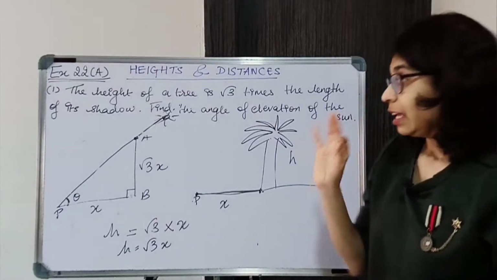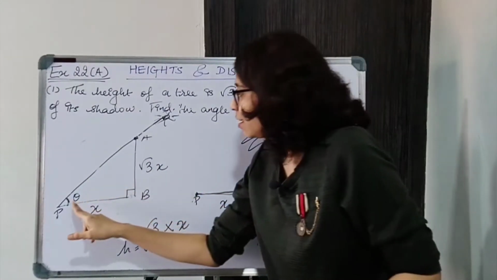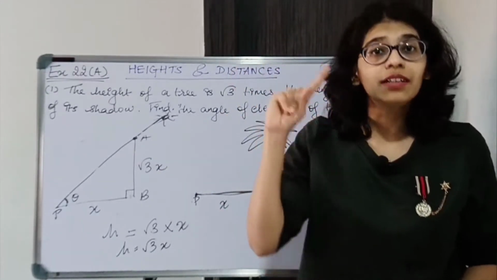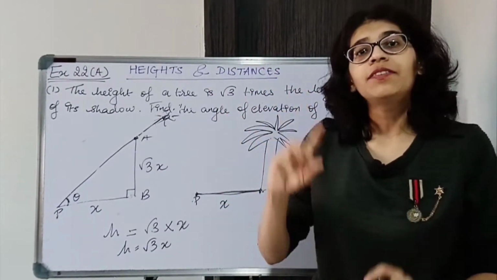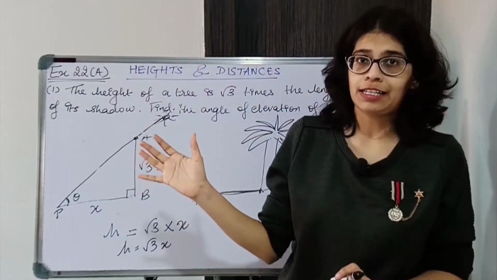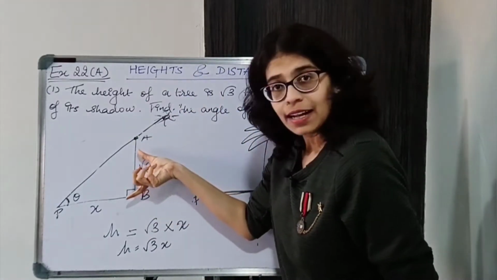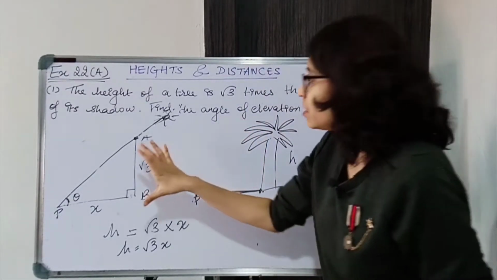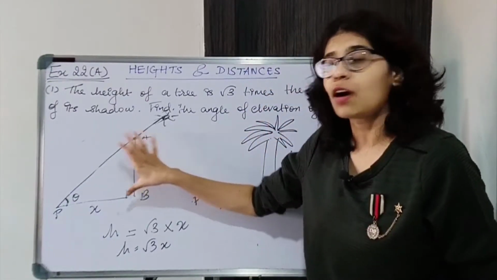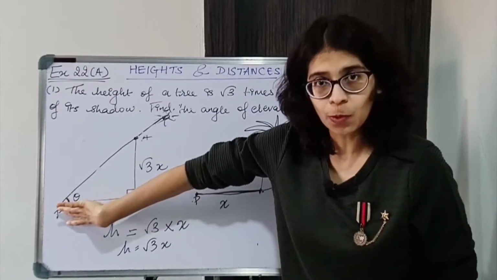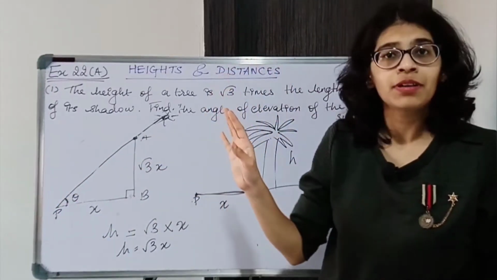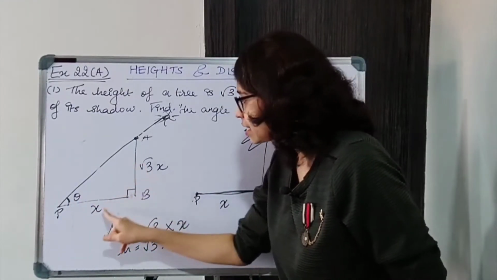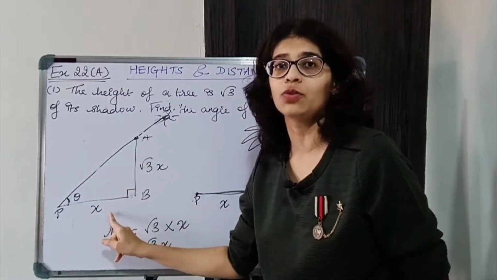Okay. Now theta we have to find. I have already told you in an earlier video, where I gave an introduction to heights and distances, that tan theta is the opposite upon adjacent. Even if you don't remember this, we have to find theta, and we are given the height and the shadow.